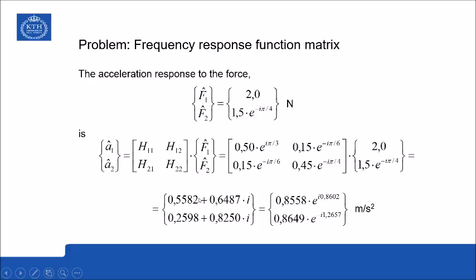And then if we convert from Cartesian form to polar form by using Pythagoras theorem to get the magnitude and the arctangent of the imaginary part over the real part to get the phase angle in radians, we get this result.